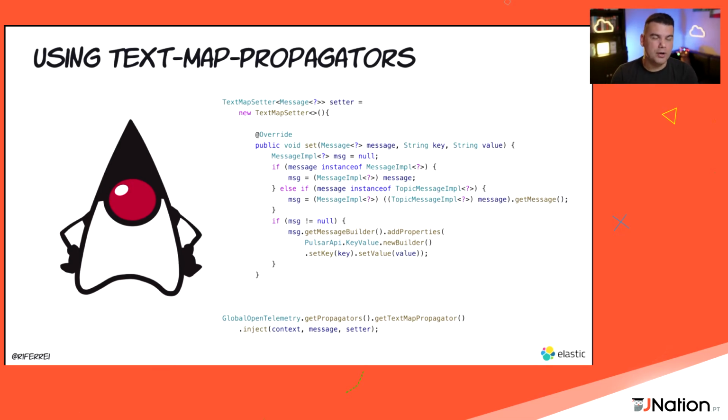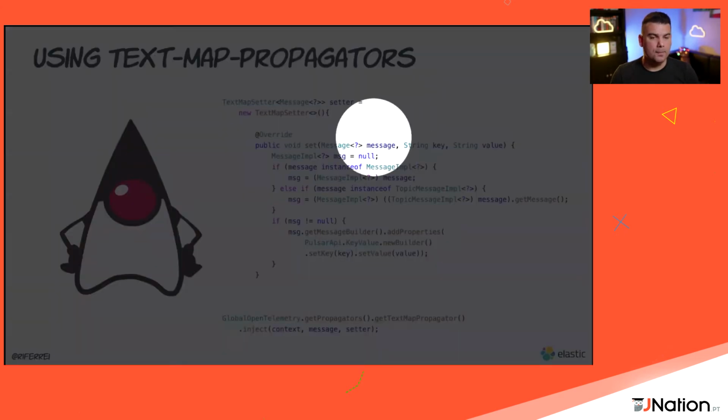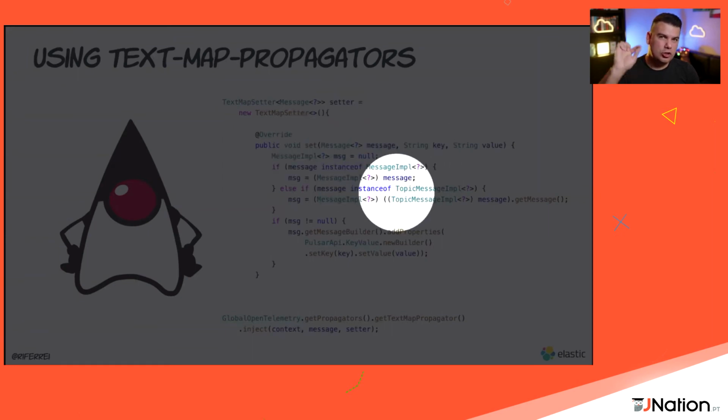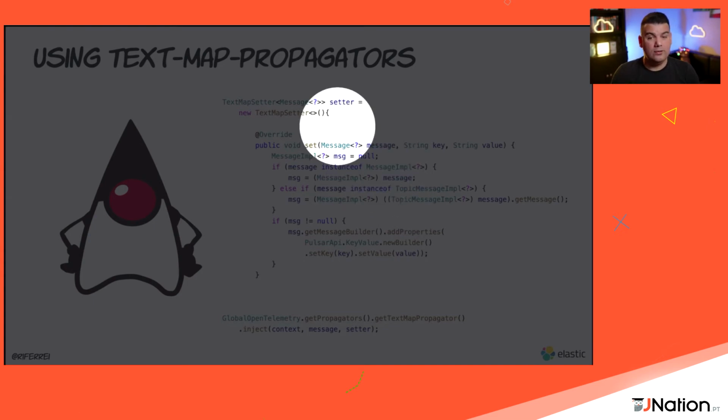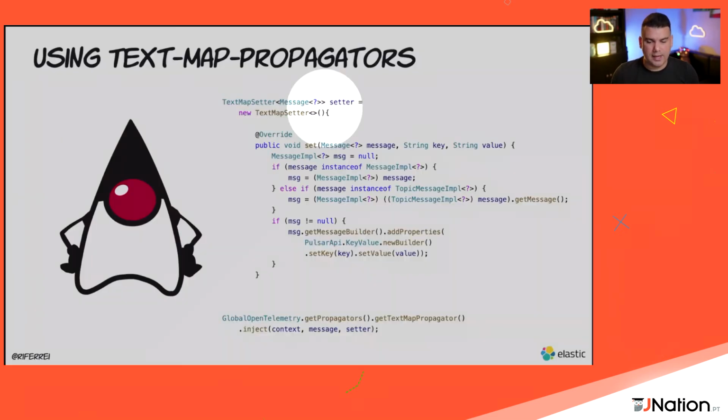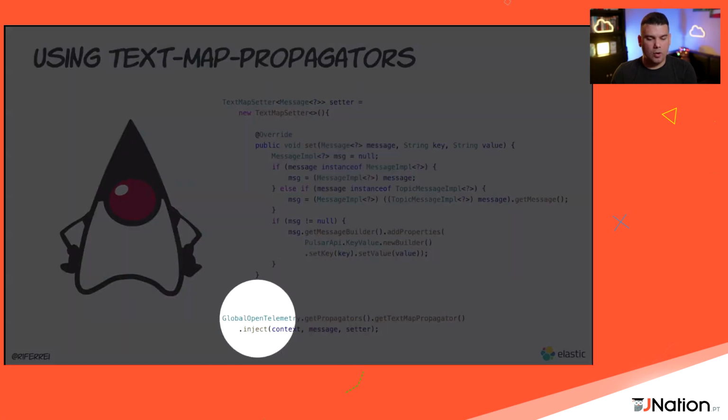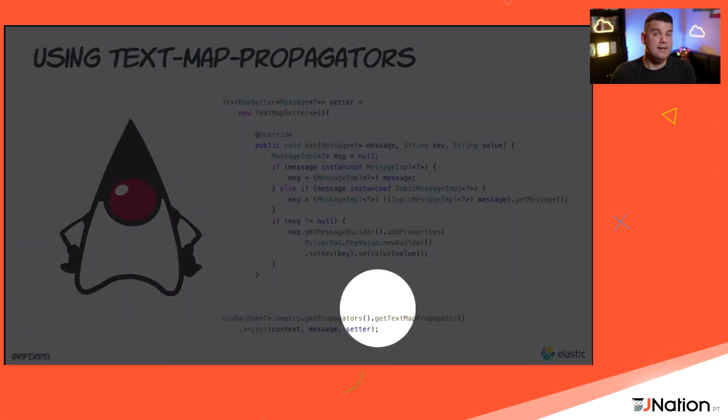A carrier, as the name implies, is the component that carries the context from one place to another, and in the case of Apache Pulsar, it's going to be the actual message. So your set callback is going to ensure that some piece of information is added to the message. Once you provide the implementation of the setter, you can simply call global OpenTelemetry get propagators, get TEXT-MAP-PROPAGATORS.